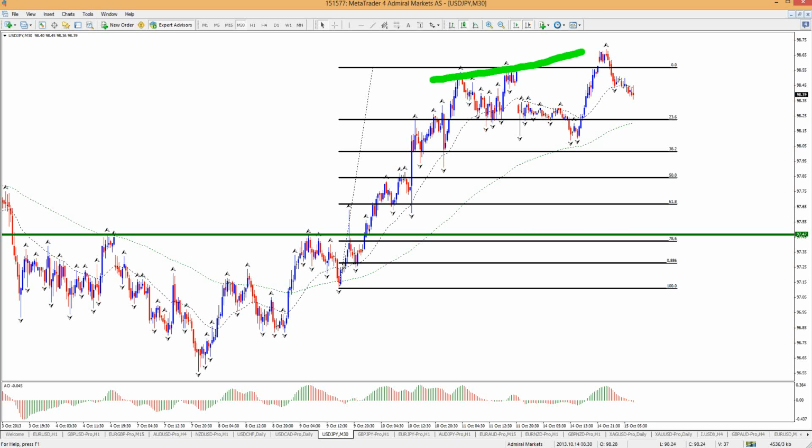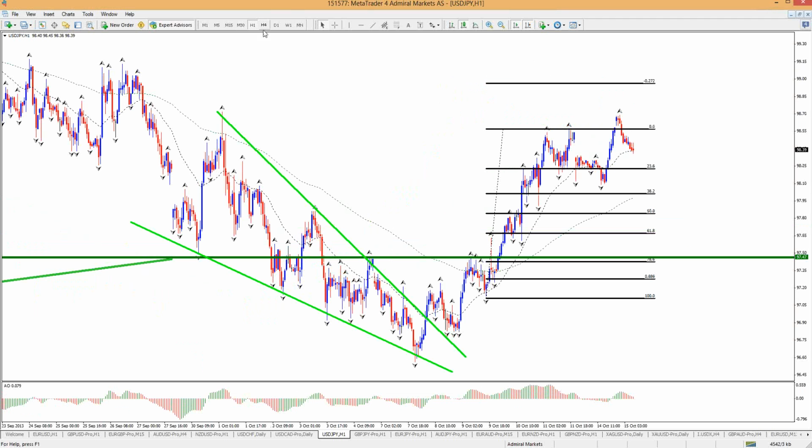Now, in this case, we have divergence, but it's 30-minute divergence slash 1 hour divergence, and it's only a single. I think single is still acceptable. It does mean, though, we can maybe see a bit of retrace back to the 98 level and then bounce again up to 99, maybe 99 and 50.